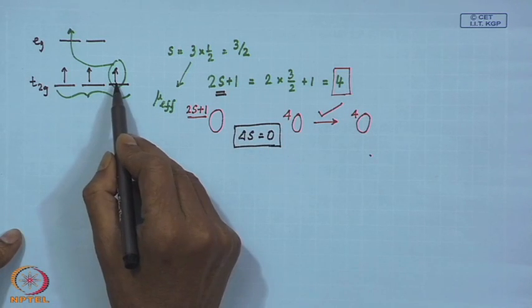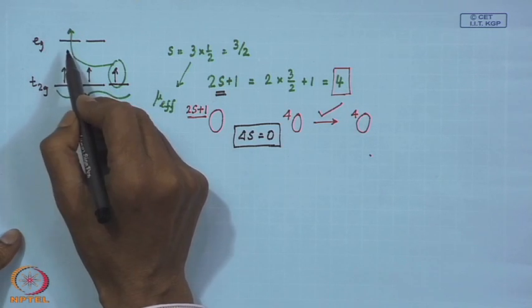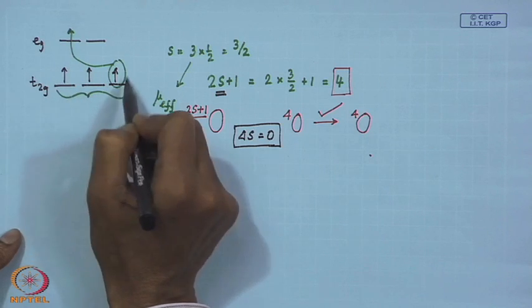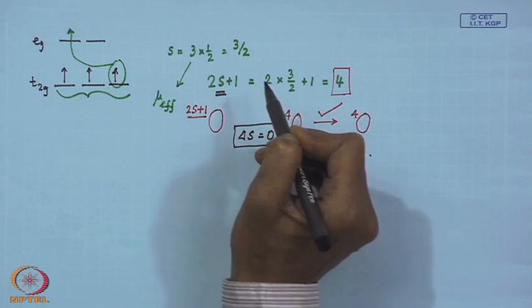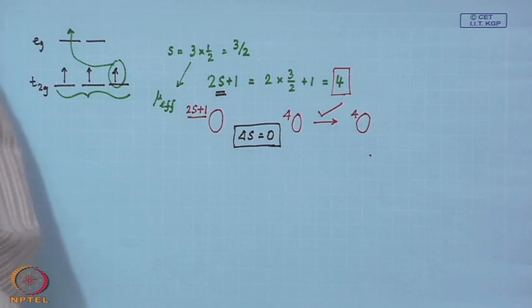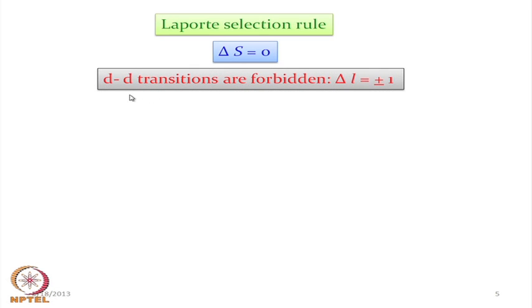That means the up spin, when moved to the upper level, should not become a down spin. If it is a down spin, it will reduce the total spin value as well as the spin multiplicity. So, the first of the Laporte selection rules is delta S equal to 0.